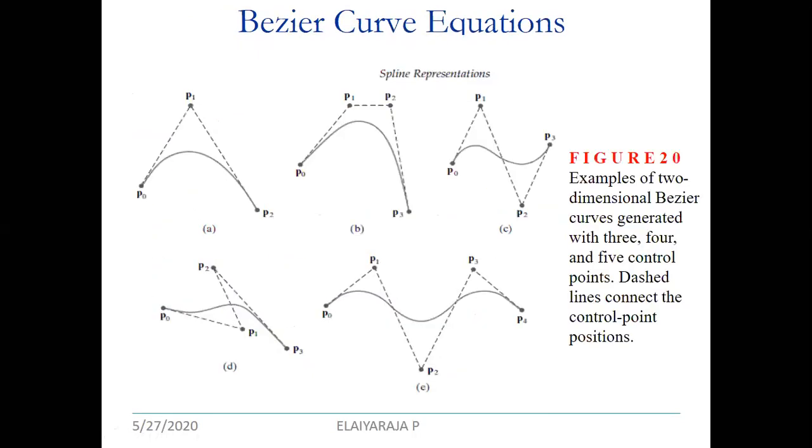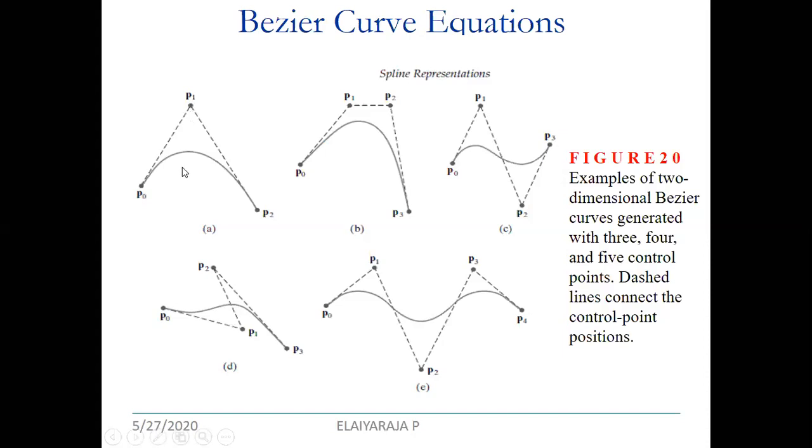For example, this is the starting point of the curve and this is the end point of the curve. The starting point is P0, the end point is P2, and between them you have one control point.